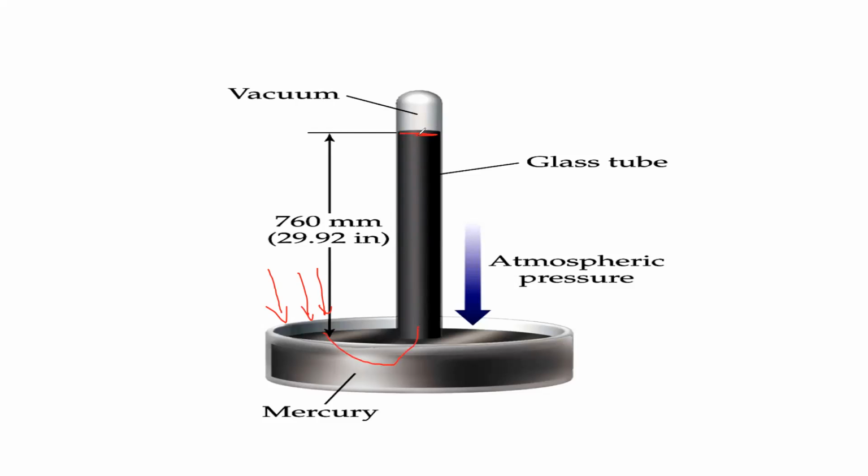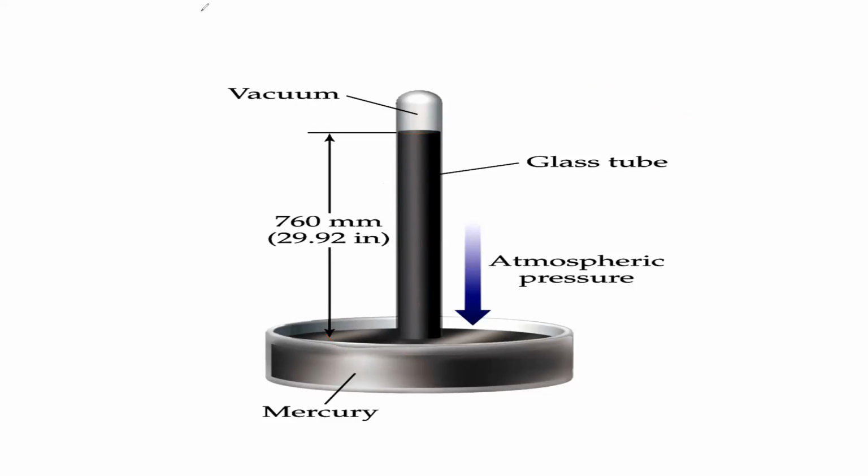The moment mercury stops rising, it means the pressure of the mercury in the tube is the same as the pressure of the air outside. So we can calculate the pressure exerted by the mercury by multiplying the density with gravity and depth, and that pressure of the mercury balances with the atmospheric pressure or air pressure.